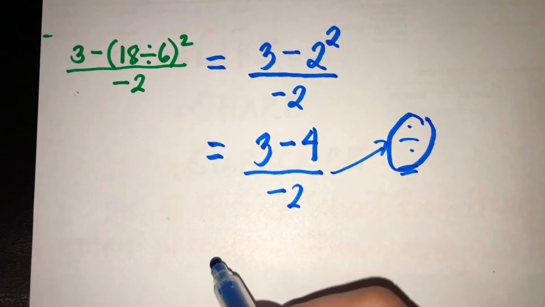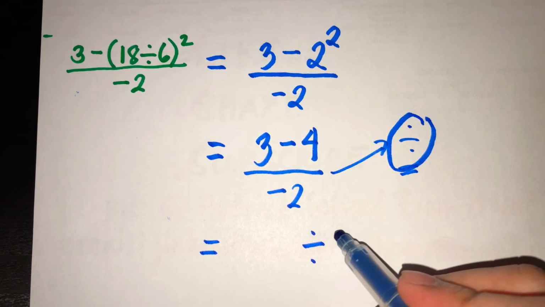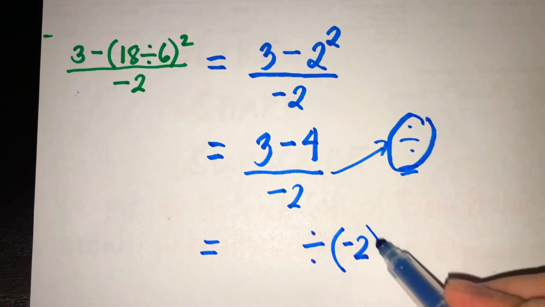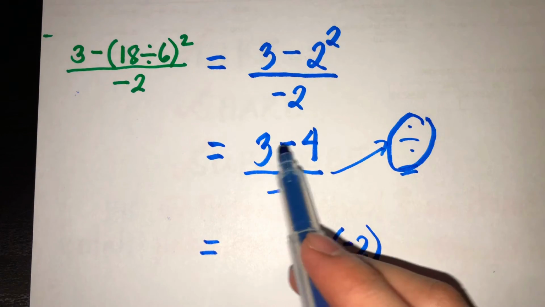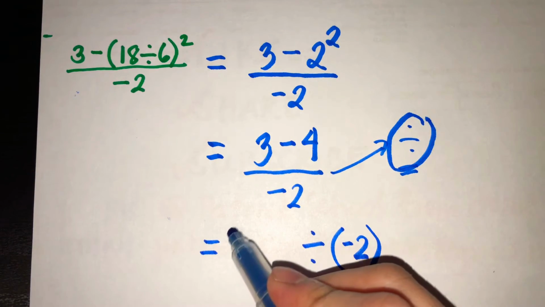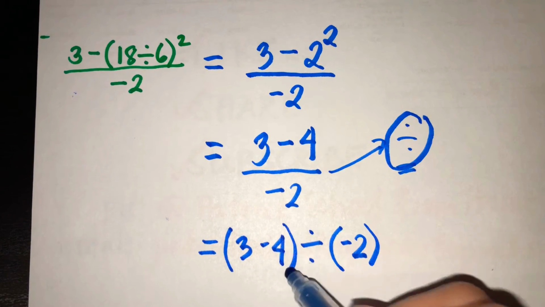Now we have a division, and we know that it is divided by negative 2. But how about this part? We know that it is 3 minus 4, so we will change it into a bracket, which is 3 minus 4.